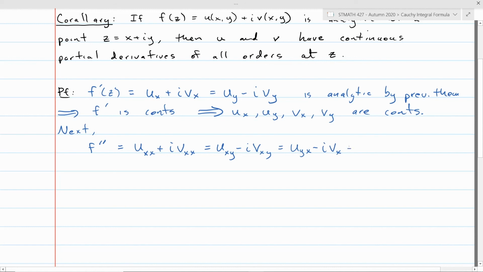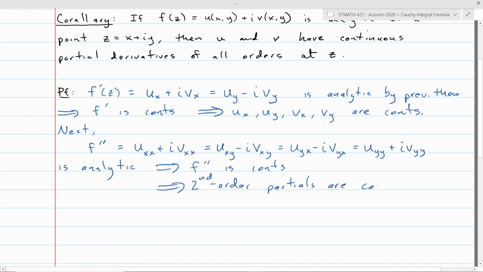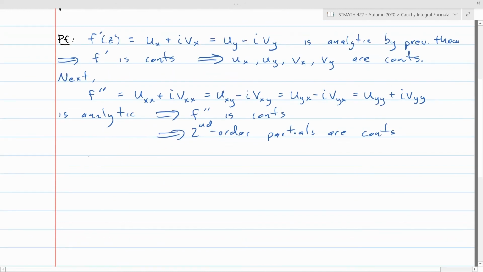Or you could write that as uyy, minus, it should have been a vy there. Hold on a second. Yeah. And so then this one, if you did it with respect to y, it'd be uyy plus i vyy. So any of these would give you the second derivative. And we know that the second derivative is analytic. So that tells me f double prime is continuous, which tells me all these second order partials are continuous. And of course, this just keeps on going like this. You can do the same thing for the third derivatives and so on.